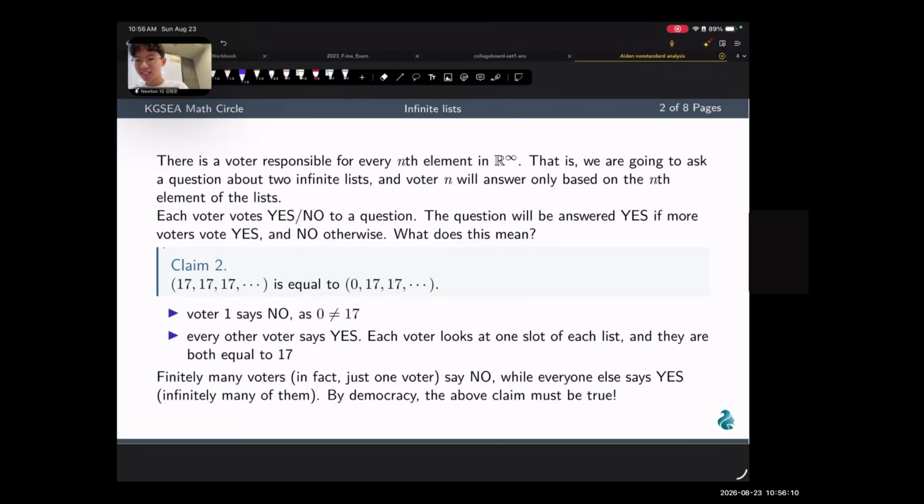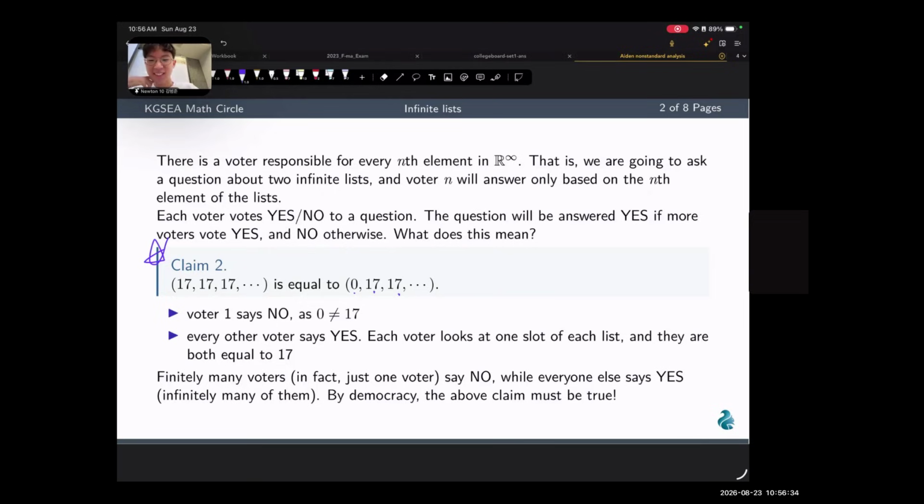Let's look at claim 2: is the new real 17, 17, 17, and so on, where every slot is 17, equal to 0, 17, 17, 17, and so on, where every slot after the first one is 17? What do you think about this question?